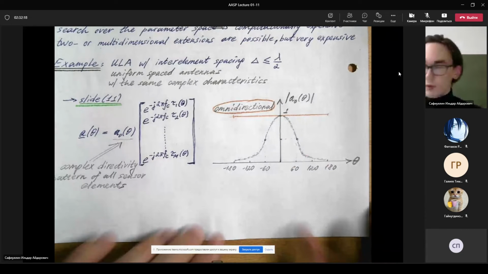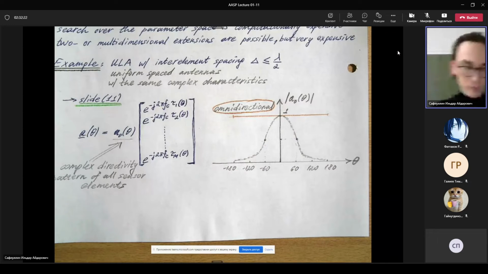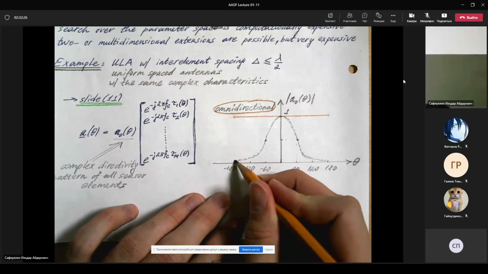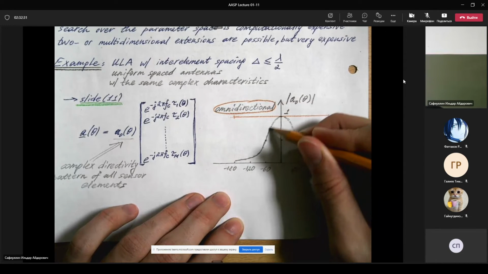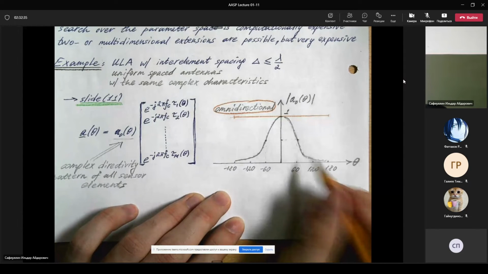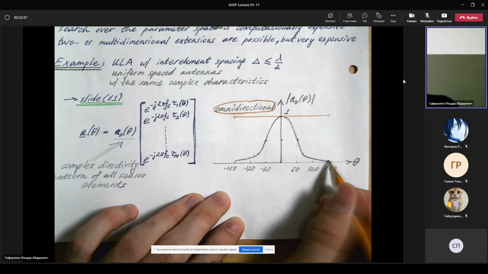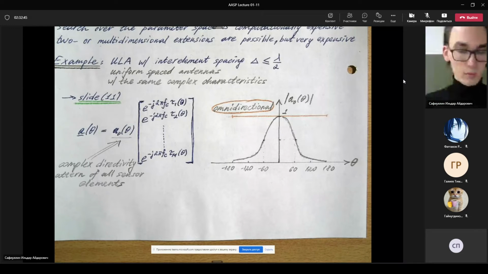So, omnidirectional pattern and some arbitrary pattern. And this pattern is for each sensor in the uniform linear array.